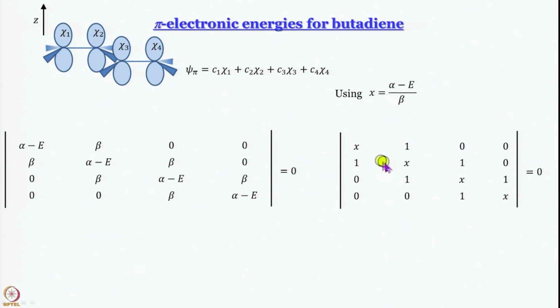You can write it in terms of x and 1, and then you get an equation like this: x to the power 4 minus 3x square plus 1 equal to 0. Do not be daunted seeing x to the power 4. This equation is really a quadratic equation, not in x but in x square. So you know how to solve quadratic equations: minus b plus minus root over b square minus 4ac, by 2a.